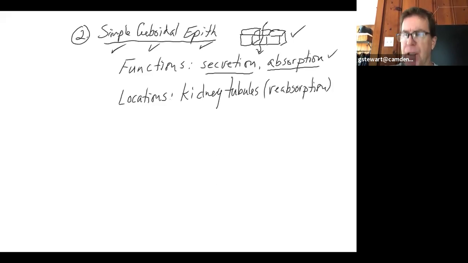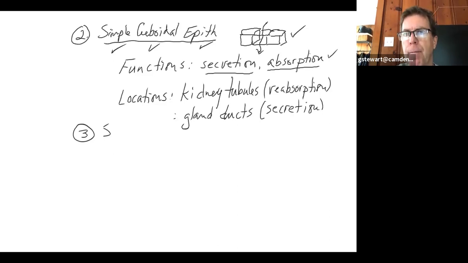And a second classic location would be gland ducts. I'm going to write that as glandular cells have secretory functions. So I'm going to write secretion. And let's move on to number 3.